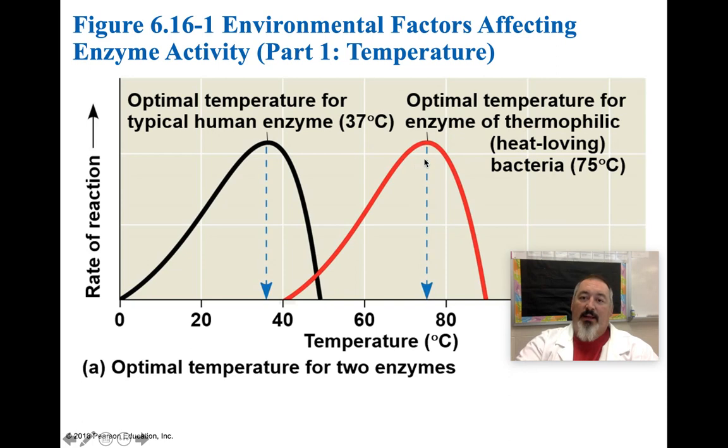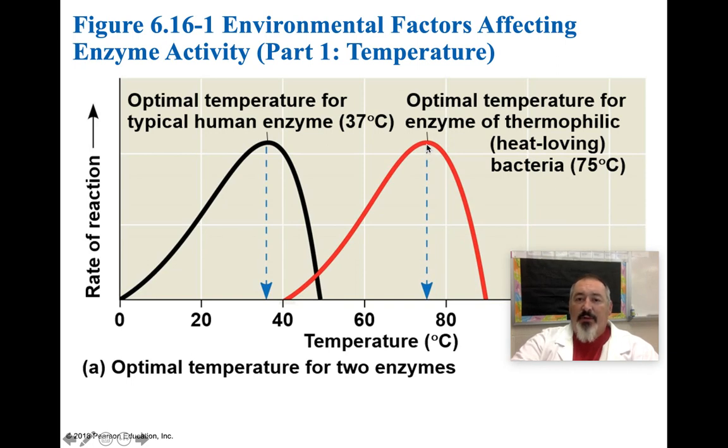Take something like the bacteria that live in the hot springs, say Old Faithful, or an example like that, where we have water that is near boiling, scalding to say the least. We find that their optimal temperature is roughly 75 degrees Celsius.